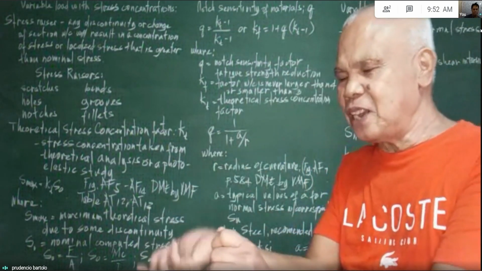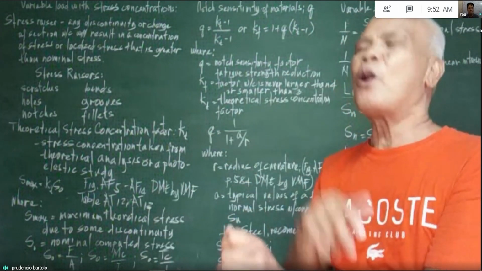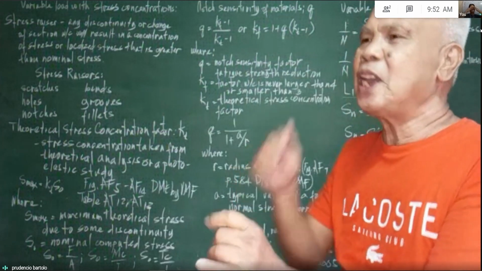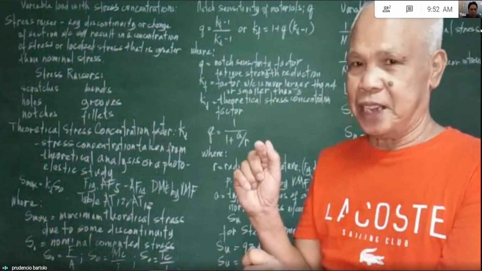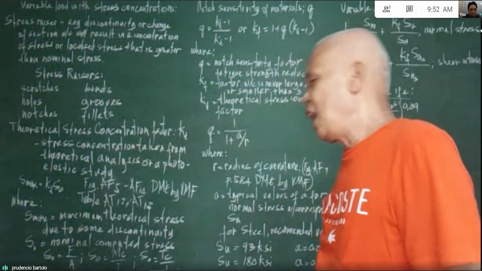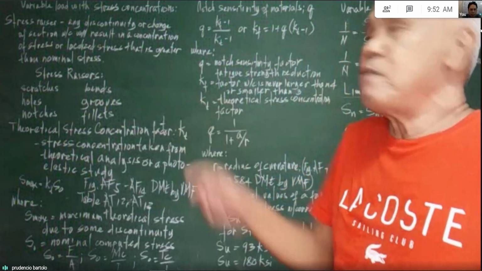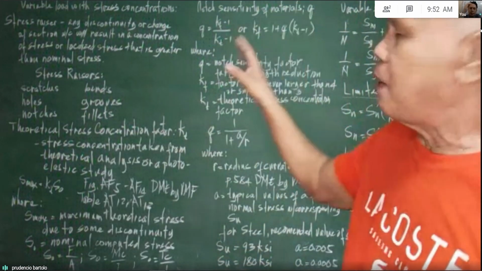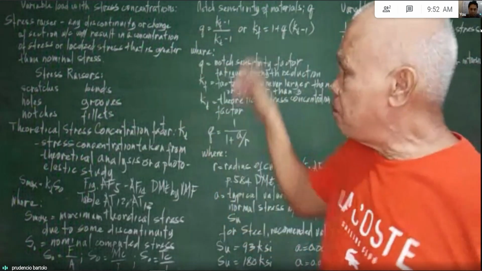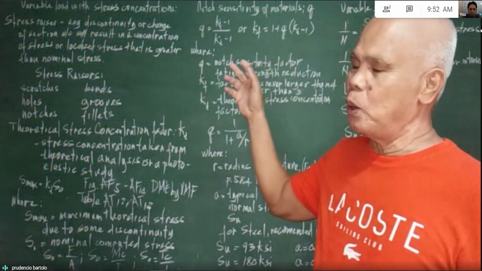For axial loading it is 0.8; for shear in torsion, it will be multiplied by 0.6. That will be elaborated when we apply it on some problems.